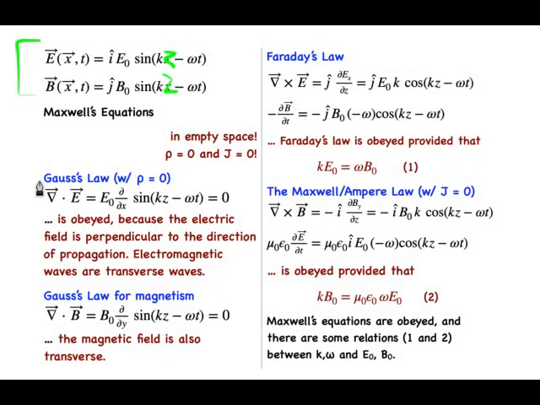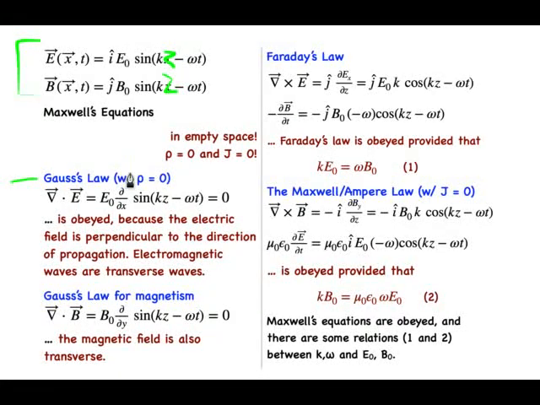So let's start with Gauss's law, with rho equals 0. I have the divergence of E. That's dEx/dx plus dEy/dy plus dEz/dz. But E only has an x component, so it'll just be dE/dx.